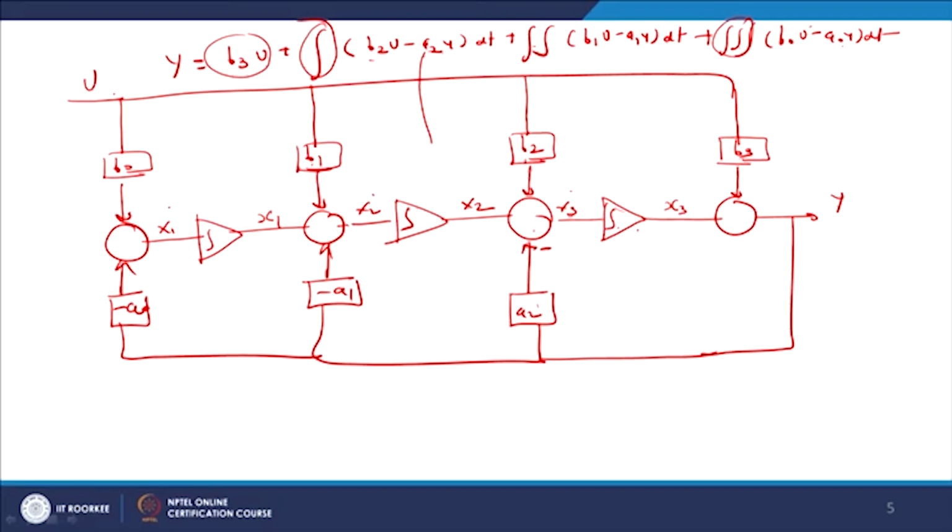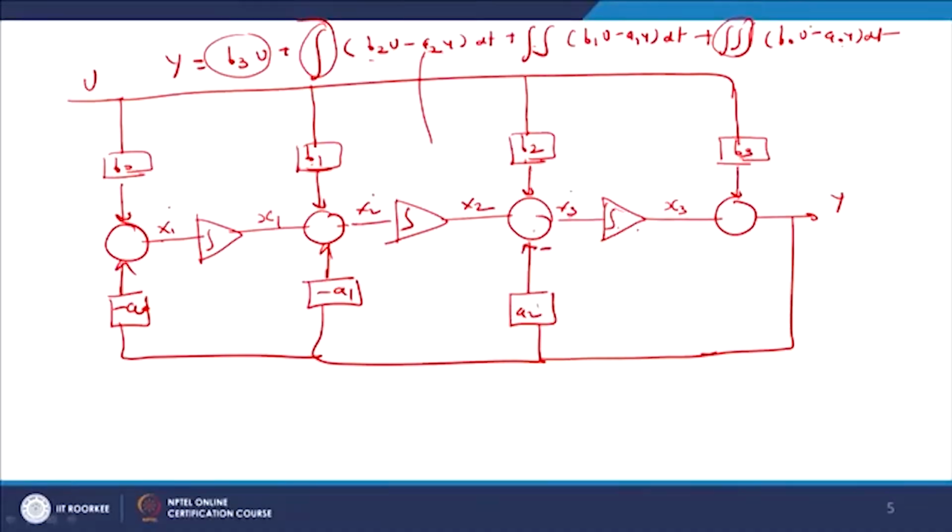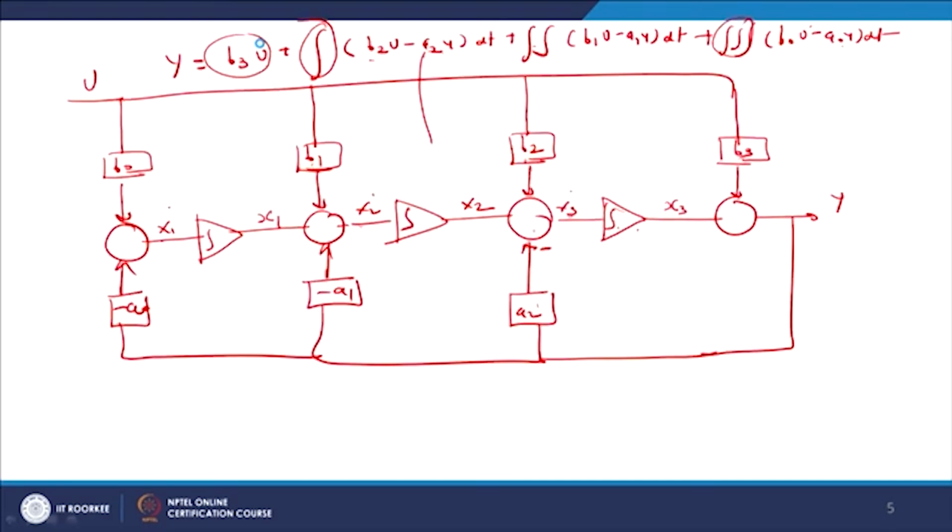Now from this we have to develop a state space model. So in order to develop the state space model, we write the equation of x1 dot, x2 dot and x3 dot. So now x1 dot equals b0 into u minus a0 into y. So you will find this. So what is x1 dot?